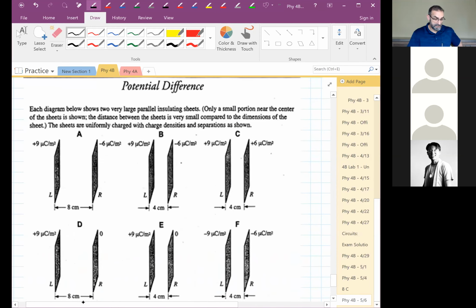There's the situation. We've got a plus 9 microcoulombs per square meter on the left sheet and negative 6 on the right sheet. These are infinite insulating sheets.